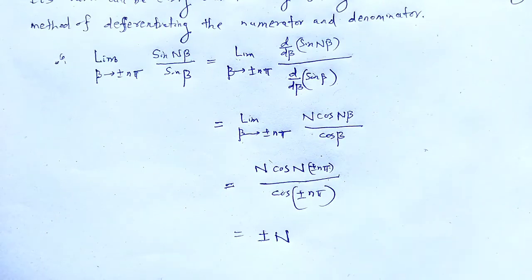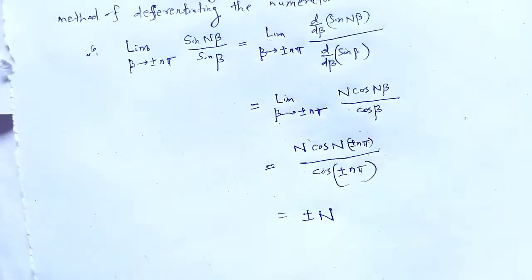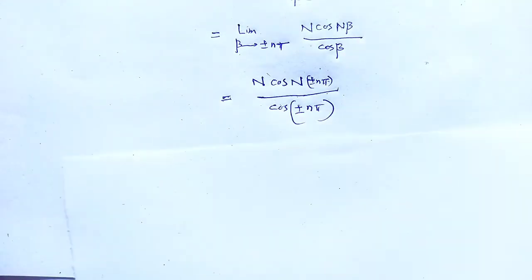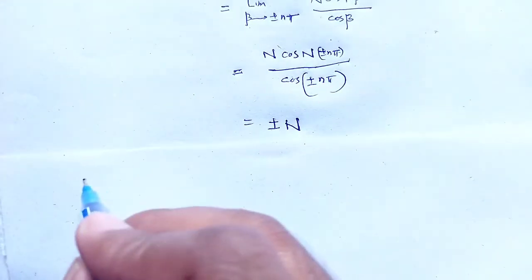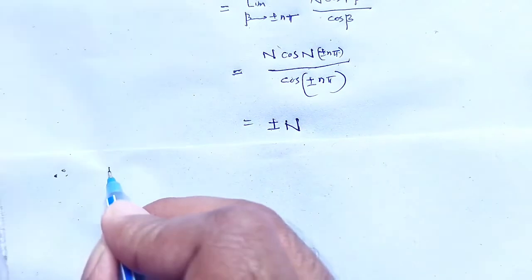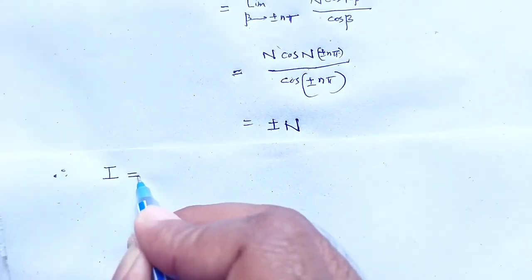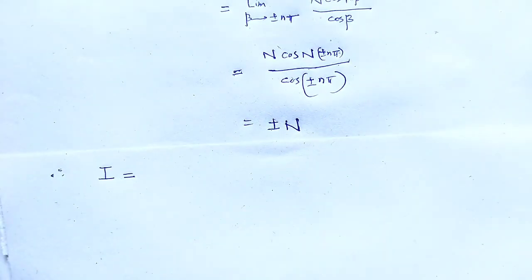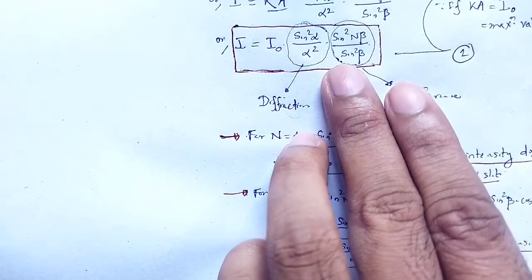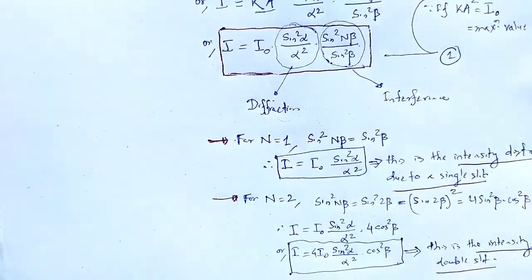Now, the equation for intensity. Therefore, I is equal to I naught sin square alpha by alpha square times the evaluated value.